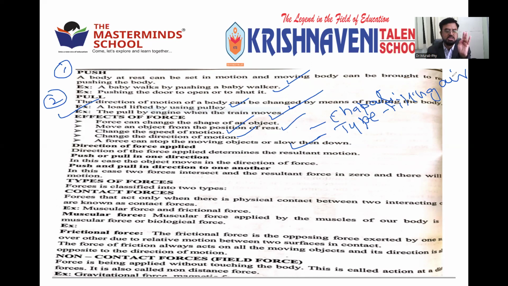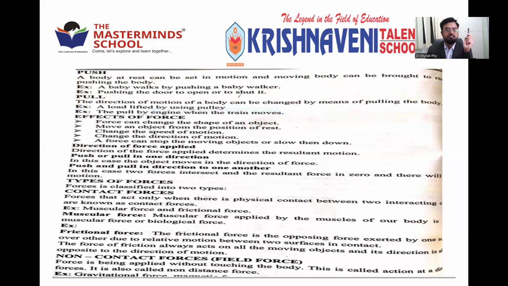Force can change the position. Force can increase the speed. Force can change the direction. Force also can decrease the speed. That much effect is there for the force applied on a body. Agree or not? Some more points before going for the video. We'll see one video first, and after the video I'll explain that.